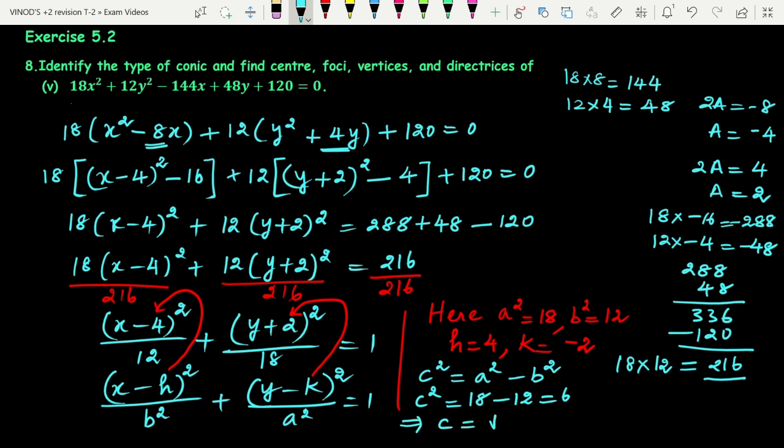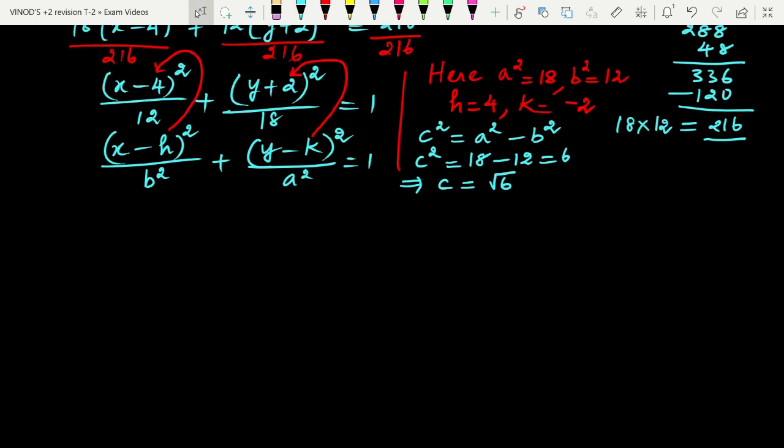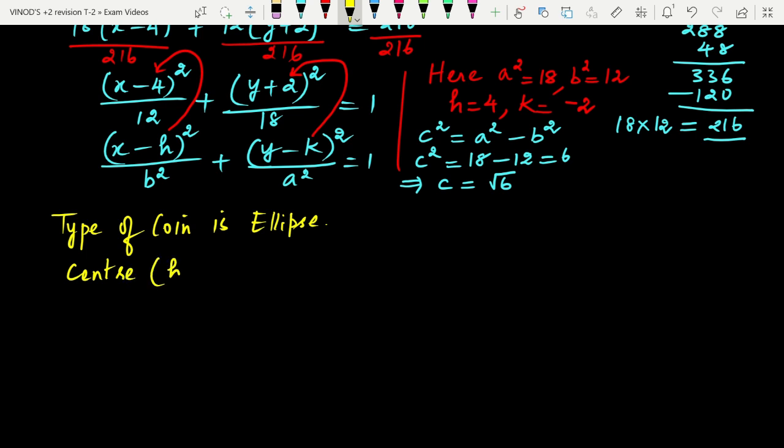Taking square root on both sides, c is equal to √6. The type of conic is ellipse. And the coordinate for the center is (h, k). So h is 4 and k is −2, so (4, −2) is the center.